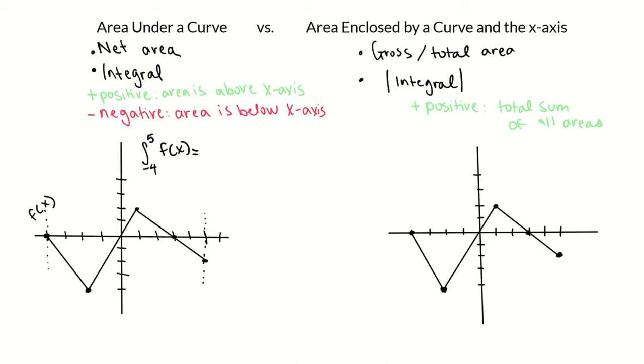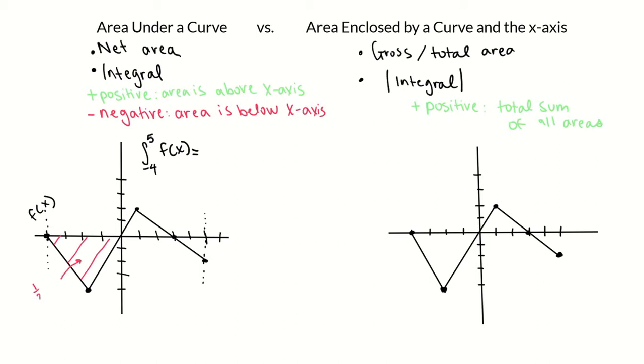We're going to find this just by summing the different areas and then thinking about whether those areas are positive or negative. If we look at this first area right here, it's a triangle, so we can find it using half the base times the height.